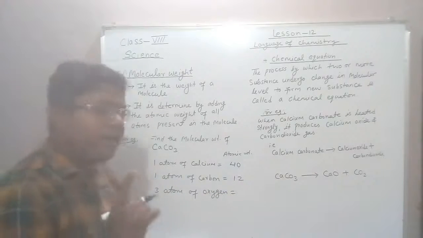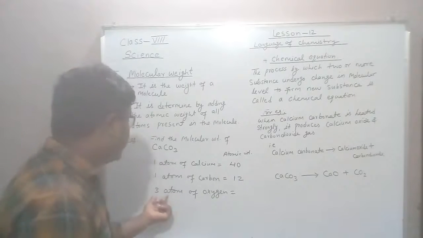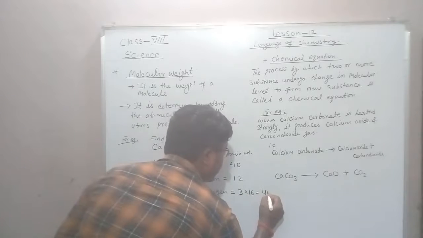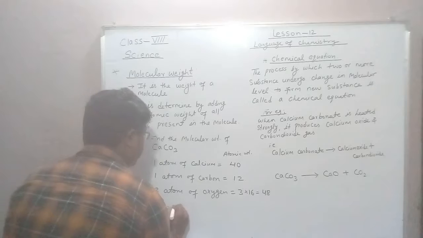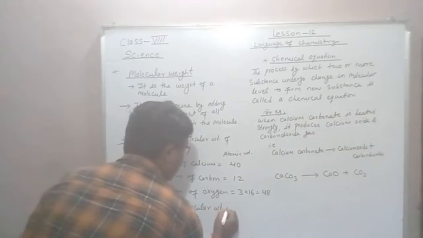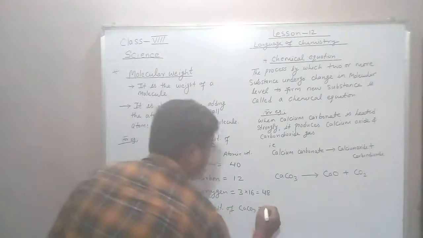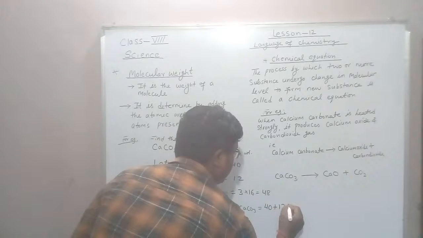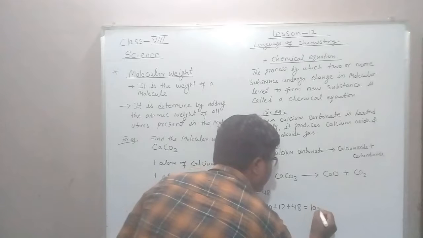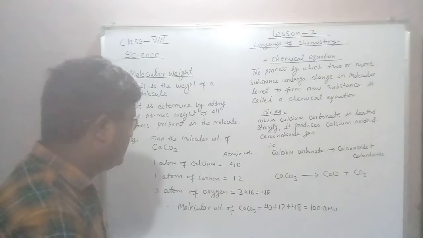For one atom of oxygen the atomic weight is 16, so for three atoms, 3 into 16, that is 48. Therefore, the molecular weight of calcium carbonate is equal to 40 plus 12 plus 48. How much? That is 100 AMU, atomic mass unit.